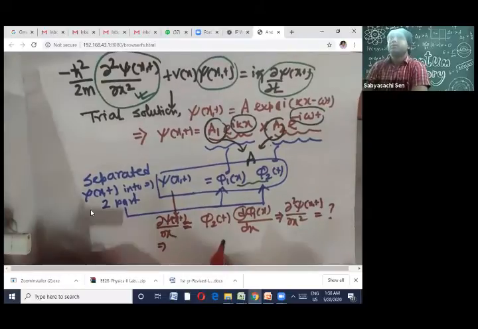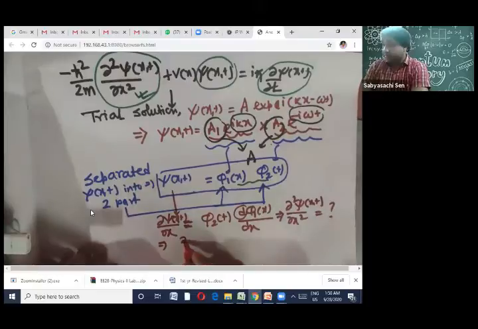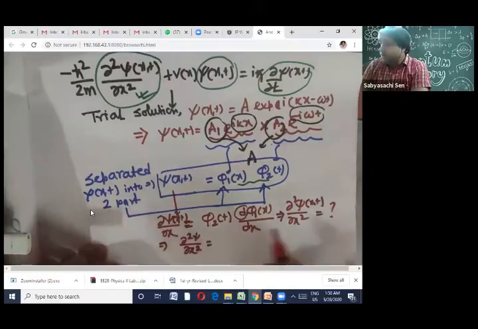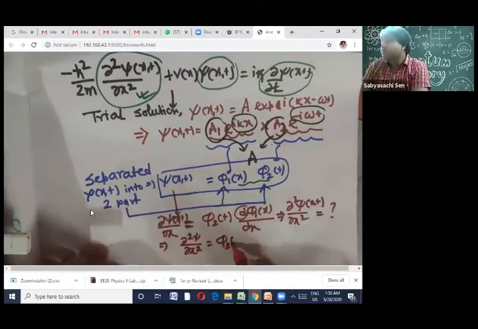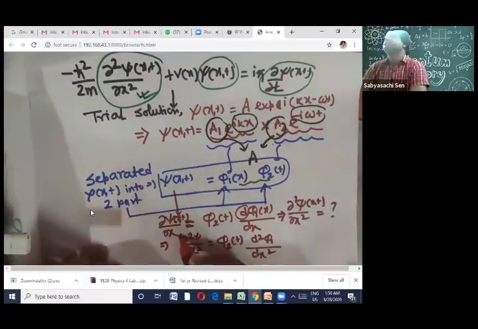Del 2 psi del x2 would be this much. Phi 2 will again be constant, d2 phi 1 dx2.